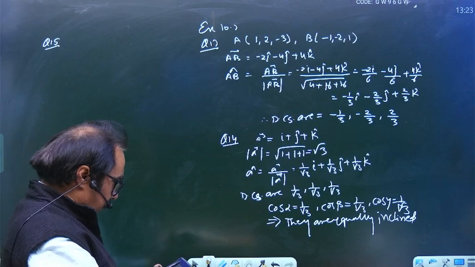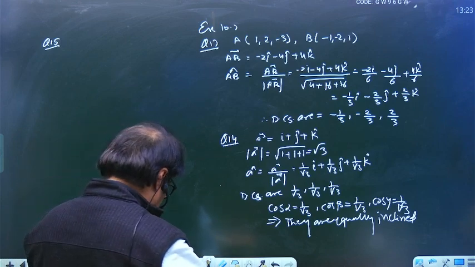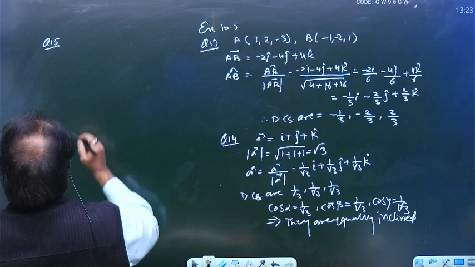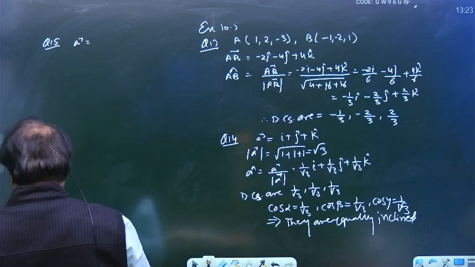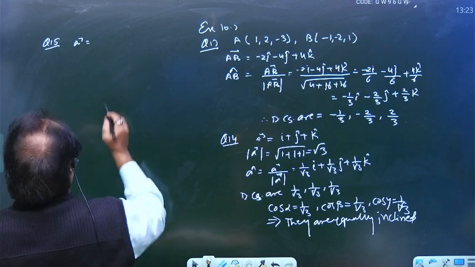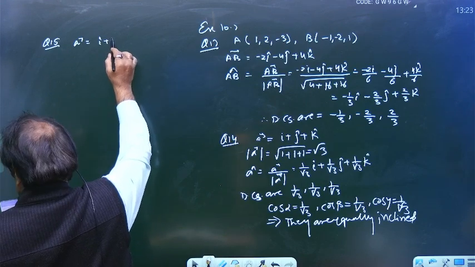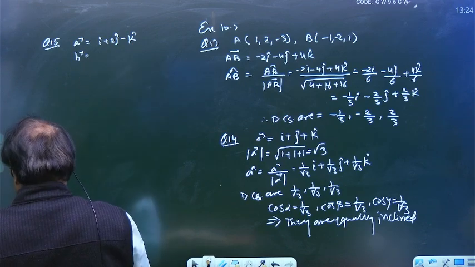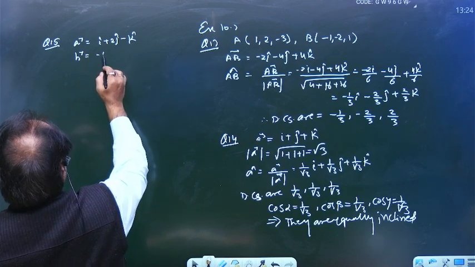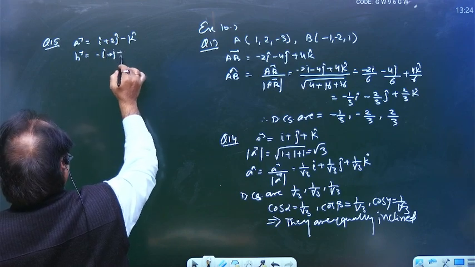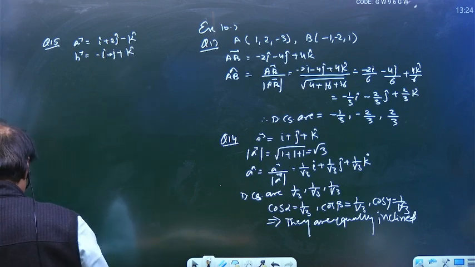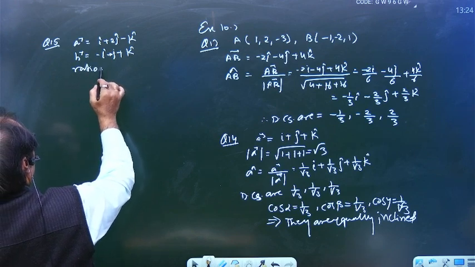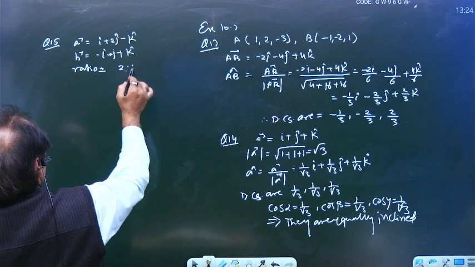Vector A is i cap plus 2j cap minus k cap, and this B vector is, suppose, minus i cap plus j cap plus k cap, and they are divided in the given ratio of 2 is to 1.